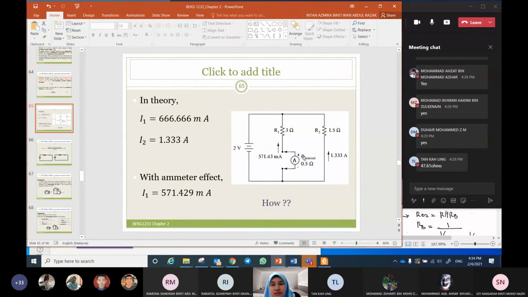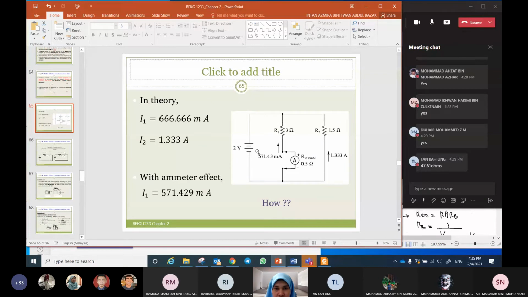Now we put the ammeter at this path to measure the current flowing through R1. But this ammeter has internal resistance. Let's say in this example, the internal resistance is 0.5. Since this is a series connection, we have to add it to 3. So we get the new I, 571 milli, which is lower than 666 milli.